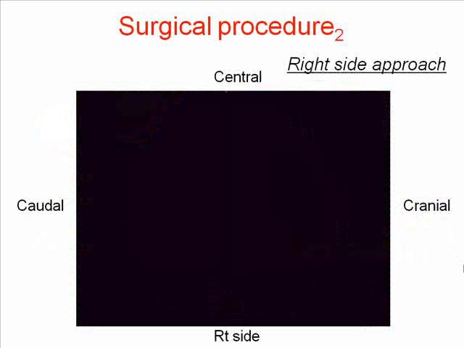This is the interlaminar space. There is the facet joint. The diameter of this bar is 3 mm. This is a 2 mm Kerrison rongeur. You can see the yellow ligament. This patient has a calcification of the ligamentum flavum.